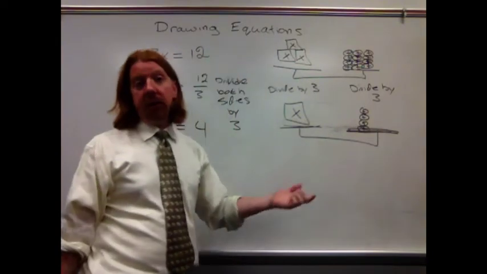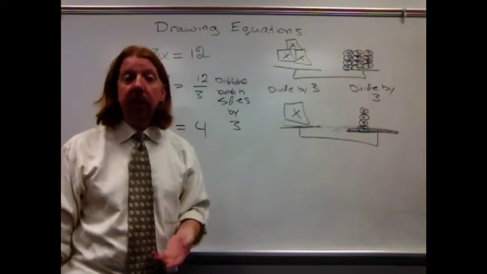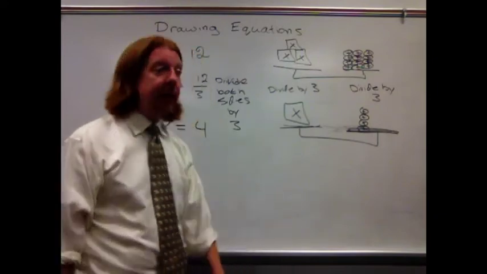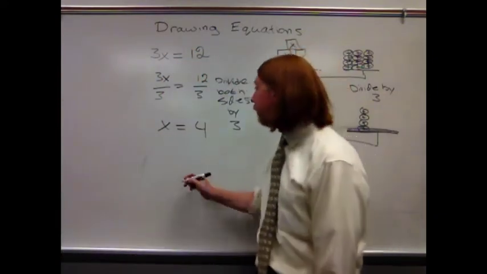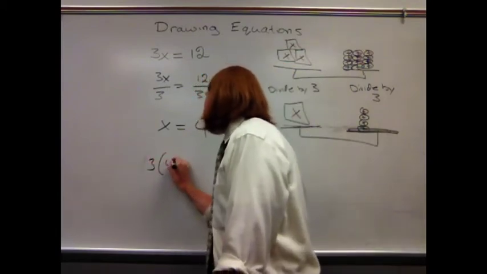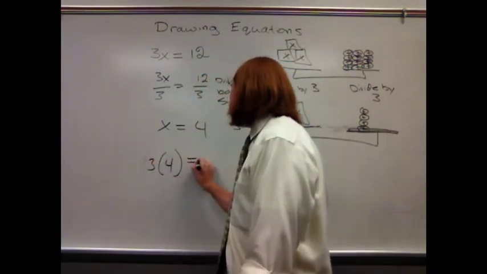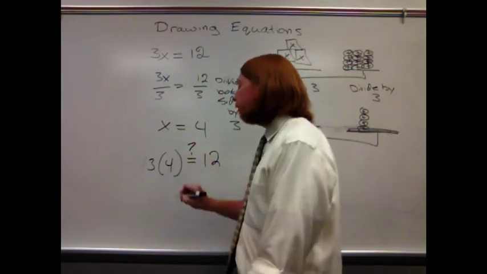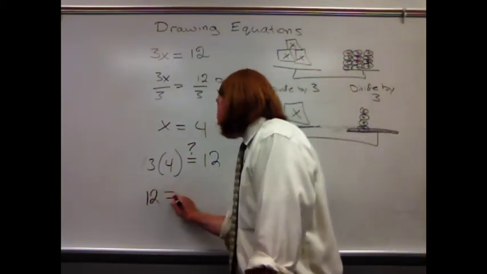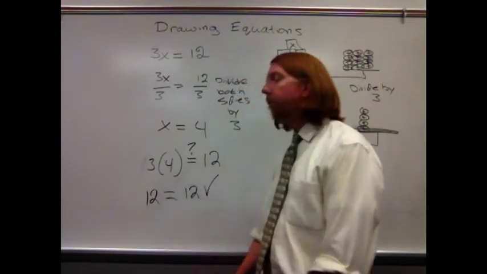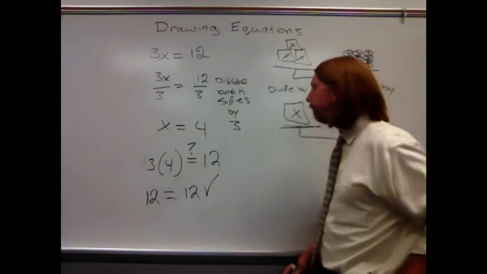So now what we can do is we can check this. Let's check it first algebraically. So I want to take the 4 and plug it in for x. 3 times 4, does that equal 12? It does. It checks out.